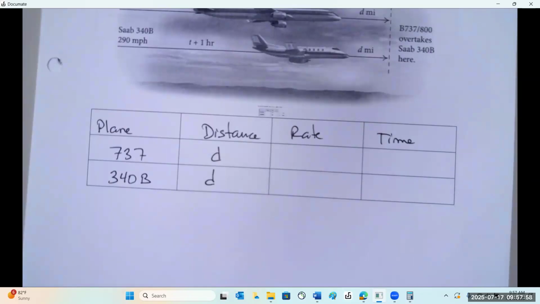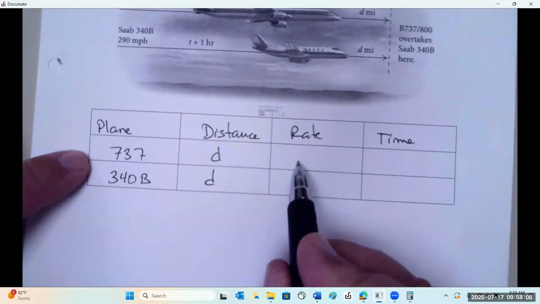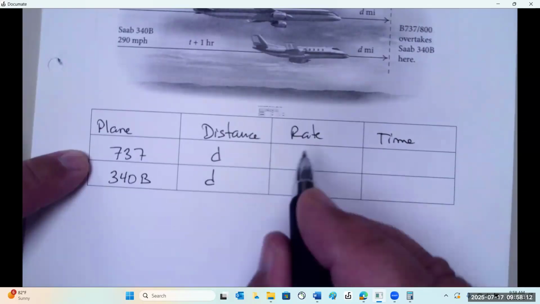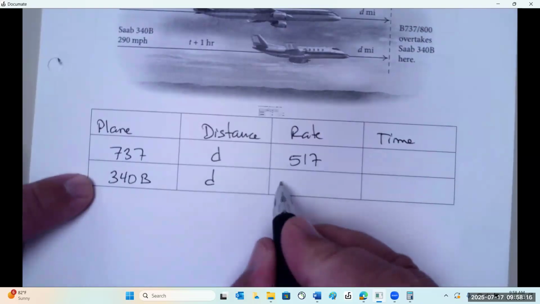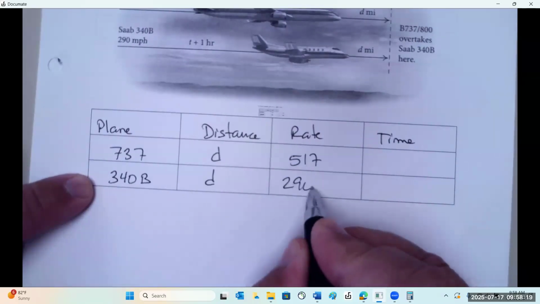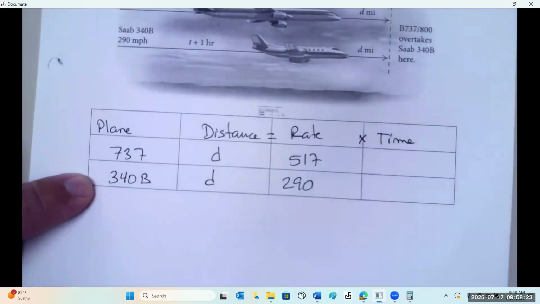But the moment they both reach the same distance, then the other plane will pass it by. So what's the rate of the 737? 517. What's the rate of the Saab 340? 290. Remember, it's distance equals rate times time.